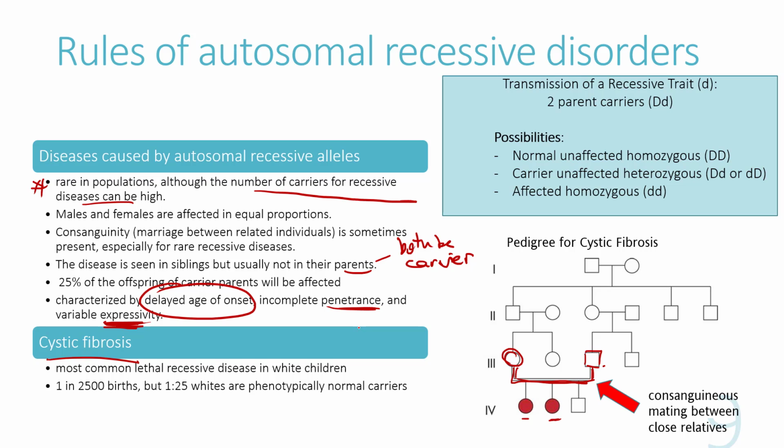Okay, so cystic fibrosis occurs in 1 in 2,500 births. But in terms of the Caucasian population, 1 in 25 Caucasians, males and females, are phenotypically normal and are carriers. So they only have one copy of the affected gene.